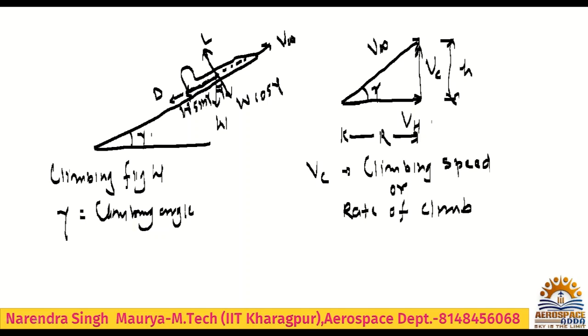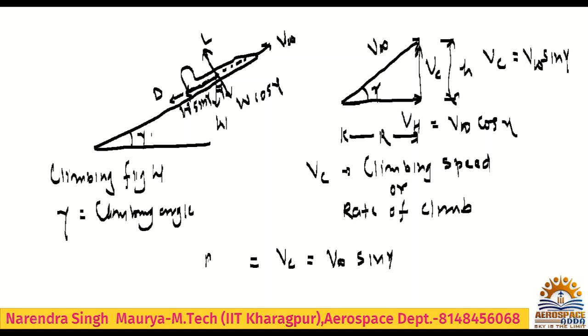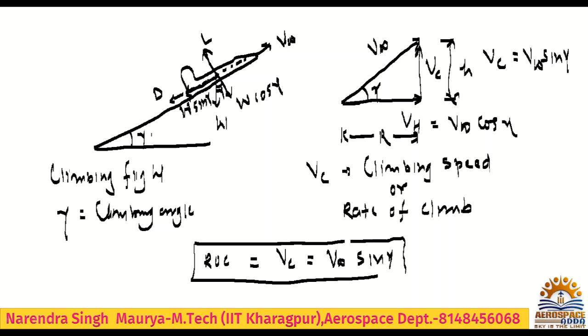Vh is V infinity cos gamma, and Vc is V infinity sin gamma. You need to remember this, it is a very important result.